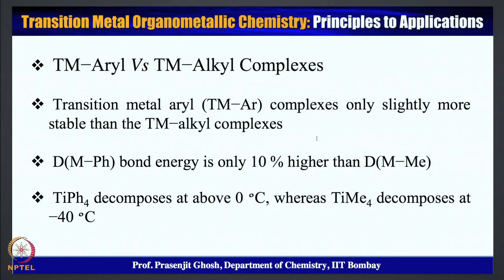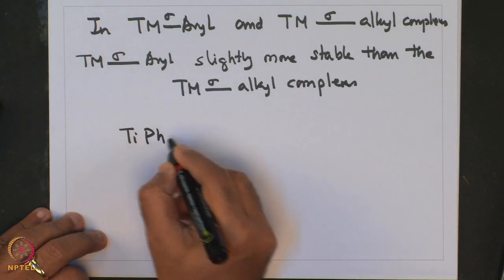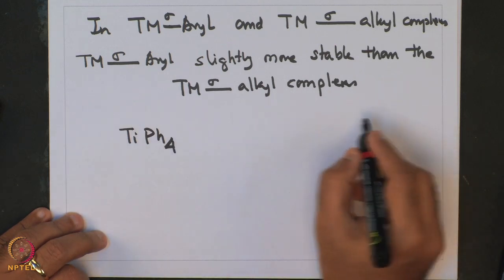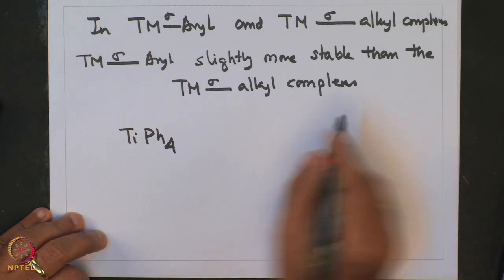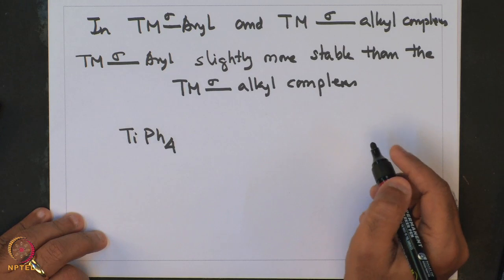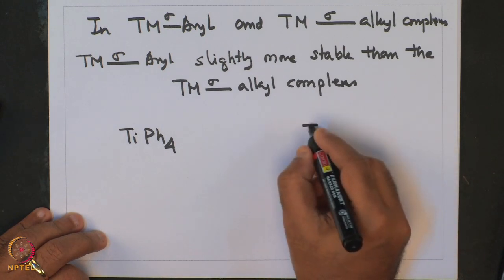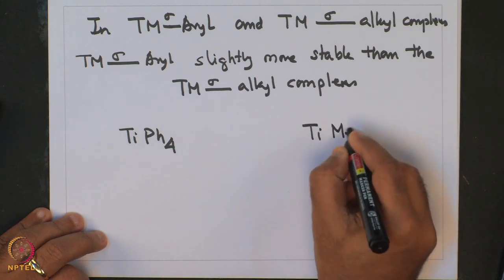To illustrate this, let us take a look at two compounds. One is titanium tetraphenyl, containing a titanium aryl bond, and the other is titanium tetramethyl.